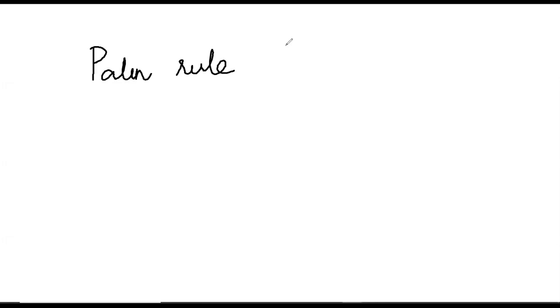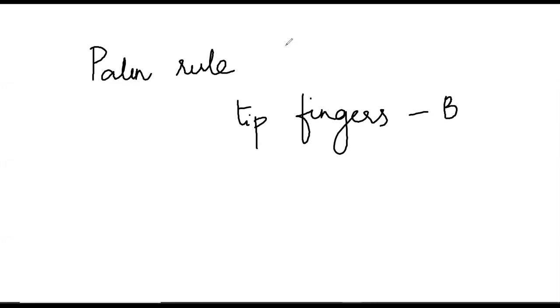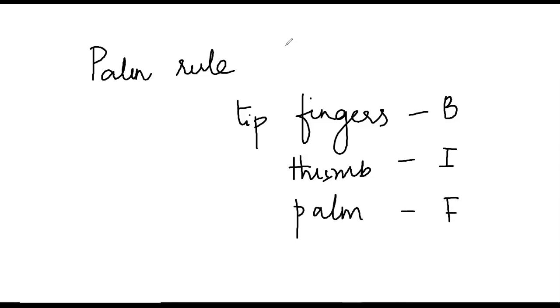Now what does this palm rule state? In this palm rule, if the tips of your fingers are going to show the direction of the external field, that is, the tips of your four fingers show the direction of B, and your thumb is going to show the direction of the current, then the palm, the direction in which your palm is facing, is going to show the direction of the force that is going to be acting on the charge or the conductor.